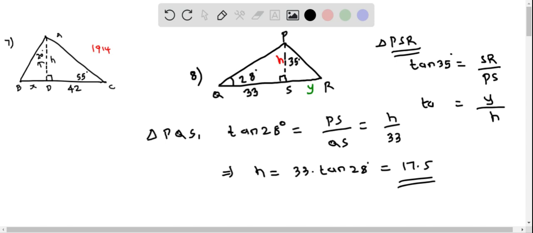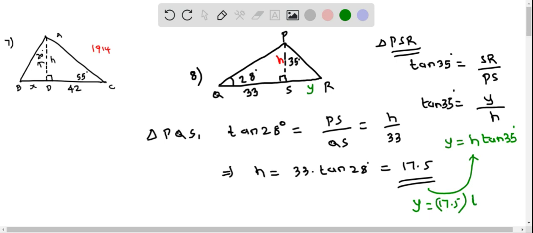We can solve for y: y equals h times tangent of 35. Replacing the value of h, y equals 17.5 times tangent of 35, which comes out as y equal to 12.2.